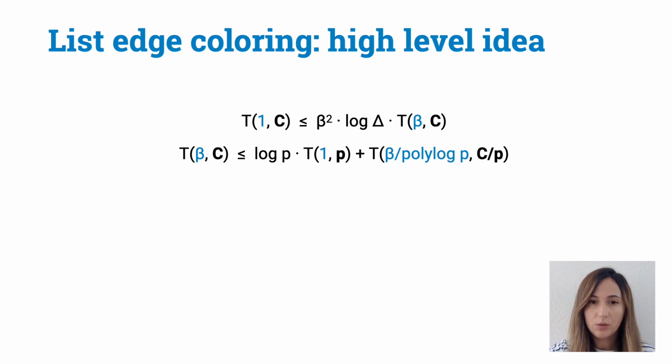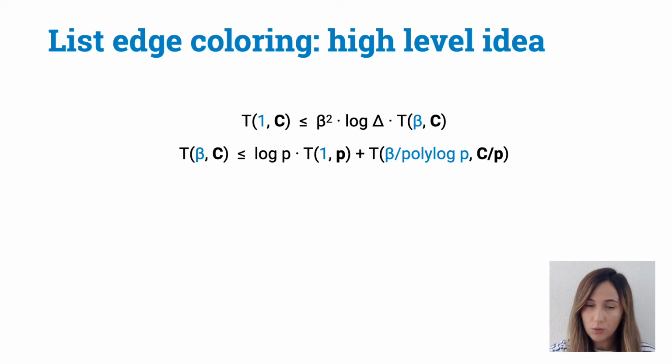We now introduce the high-level idea of our algorithm. We call T(beta, C) the time required to solve the list edge coloring problem with slack beta, where the color palette has size C. Similarly, T(1, C) is the time required to solve the standard list edge coloring problem.